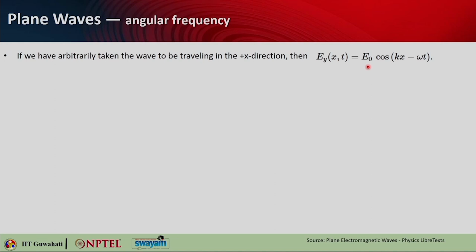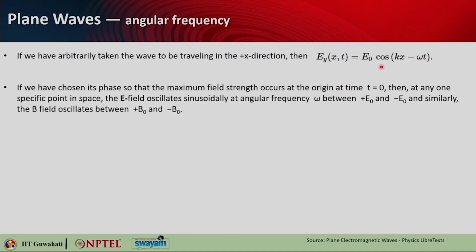It can be written as E0 cos(kx minus ωt). So E0 is the amplitude, varying as a cosine function. We have chosen the phase so that the maximum field strength occurs at the origin at time t equals 0. That is why the cosine function has been taken: we assume the maximum field strength happens when t equals 0.